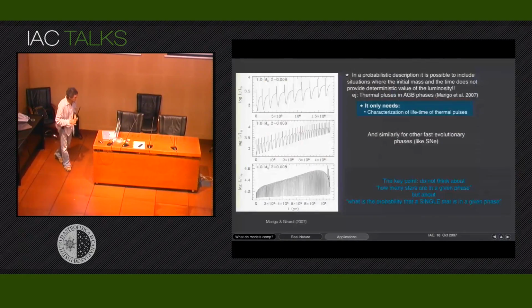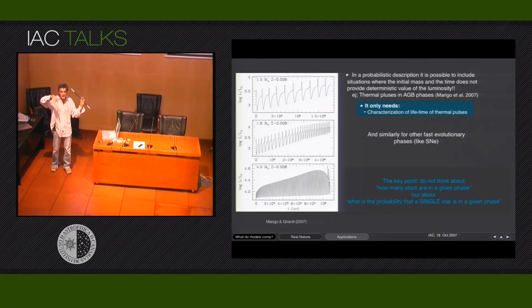Other things that you can do with that. For example, in a probabilistic description, you can include fast evolutionary phases, or you can include things where the luminosity varies with the star. Usually in the model, you assume that if I have an initial mass and an age, I have one and only one luminosity.